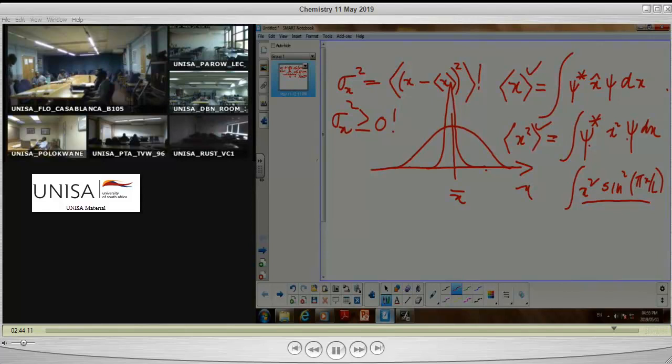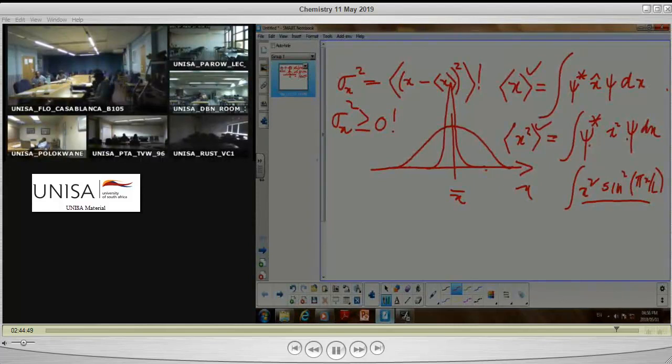So the questions here are that you need to find the energy separation between the ground state and the first excited state. And B, you need to find the frequency of radiation emitted upon transition between the two states. So this is a rather simple exercise.